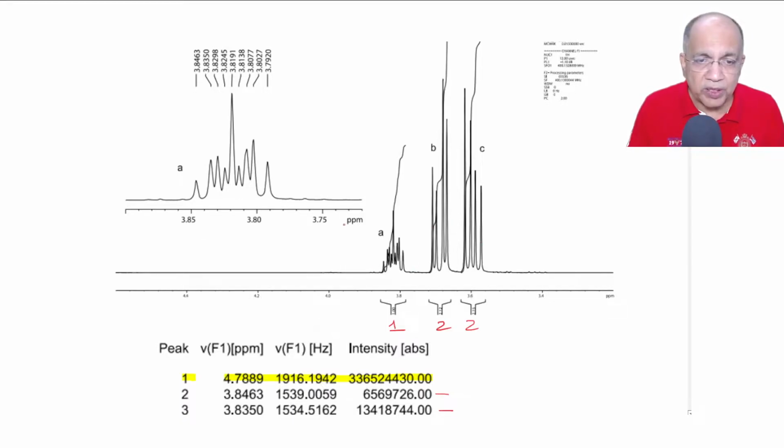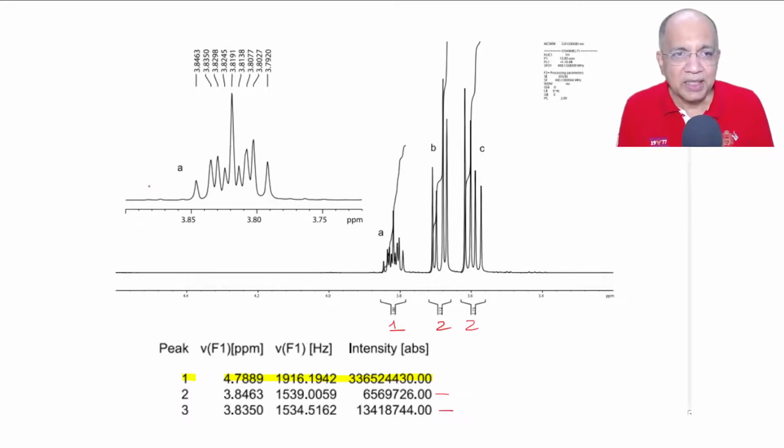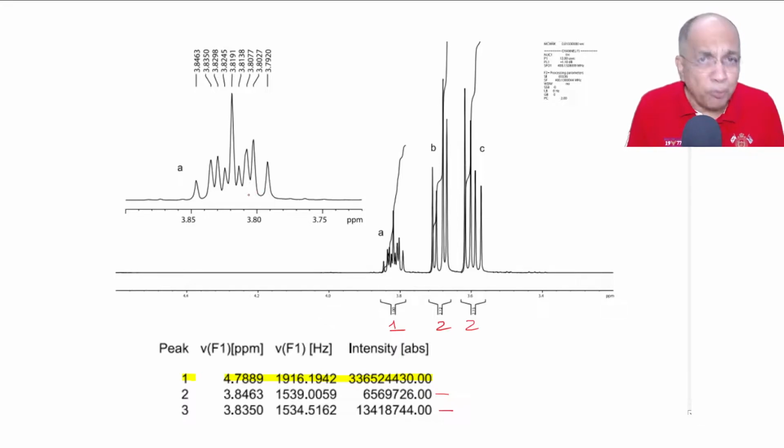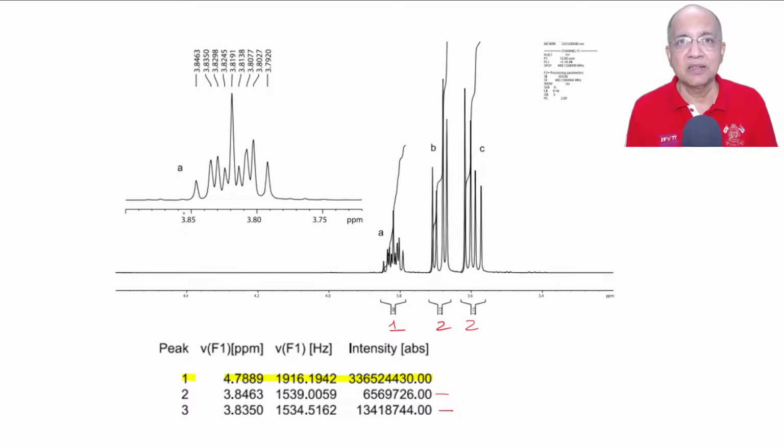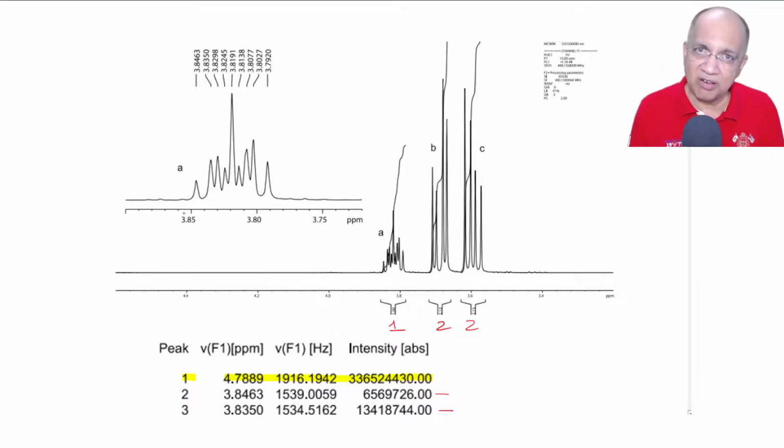When we see the expansion, we find there are 9 lines: 1, 2, 3, 4, 5, 6, 7, 8, 9. If the number of lines is 9, then it has to be most likely a triplet of triplets, because 3 times 3 is 9.